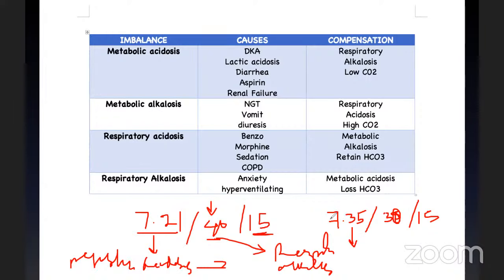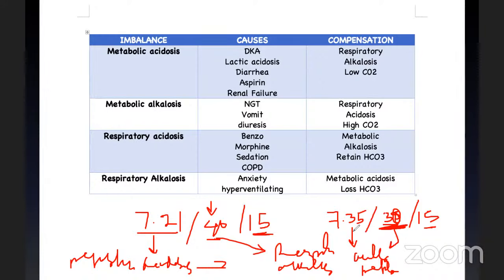Same thing, even though this is closer to normal, it's still an acidosis problem. And this is going down, so metabolic acidosis. I know my compensation should be respiratory alkalosis. Look at it. This is consistent with respiratory alkalosis. Therefore, this is compensated. It's still not normal.